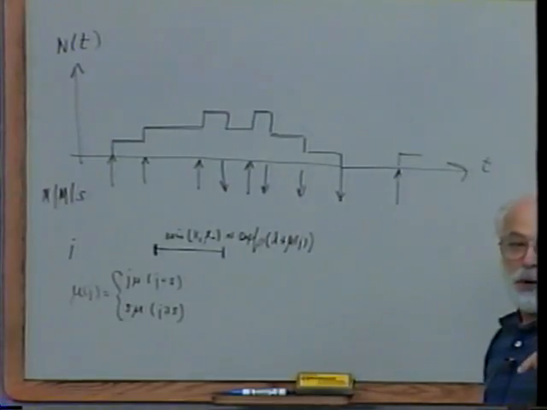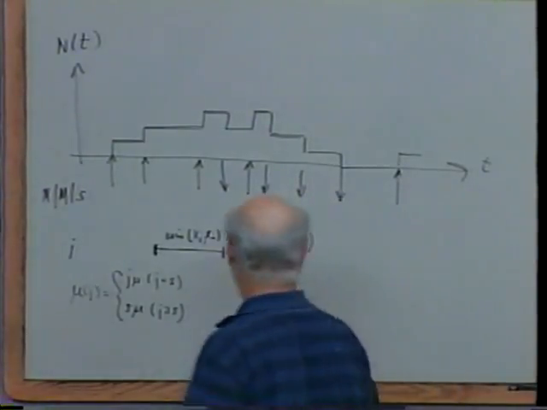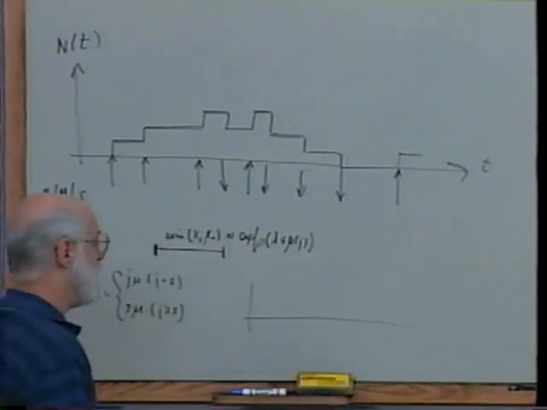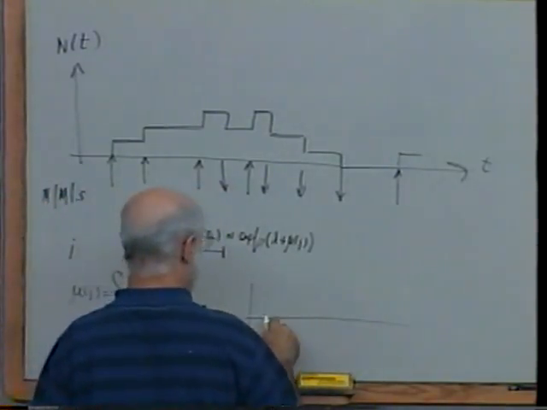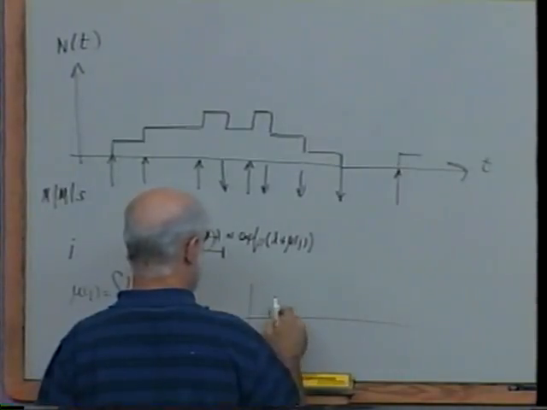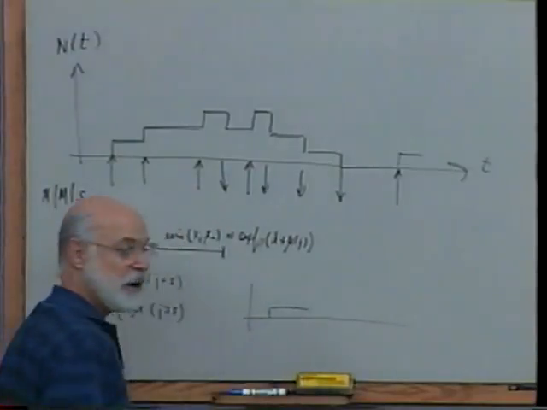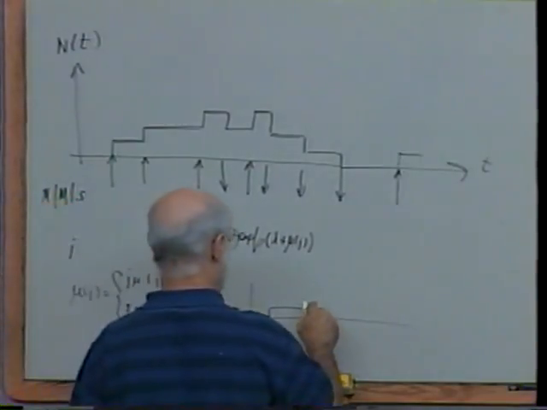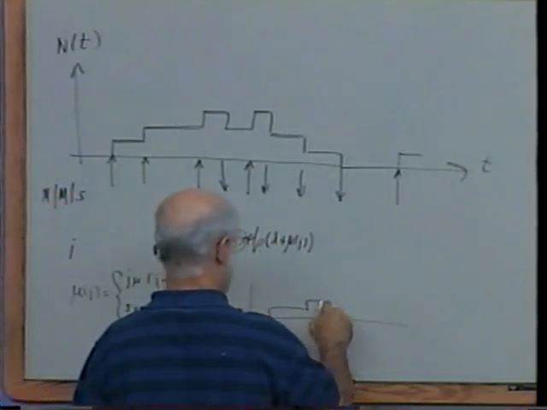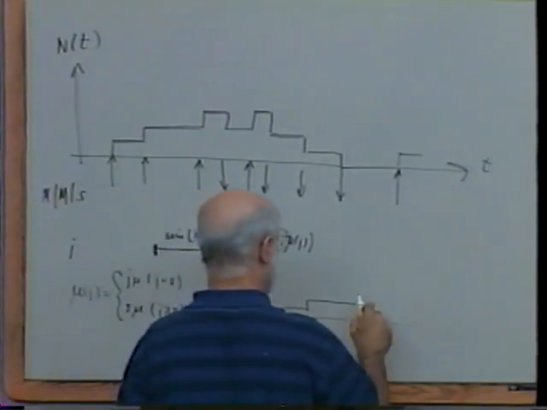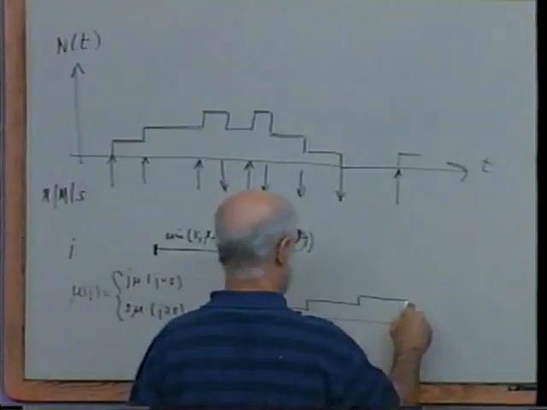Let me give an example where I could tell a difference. Suppose that the diagram looked like this, just to exaggerate a little bit. Suppose that every time I had a long interval, I tend to jump up. And every time I have a short interval, I tend to jump down.